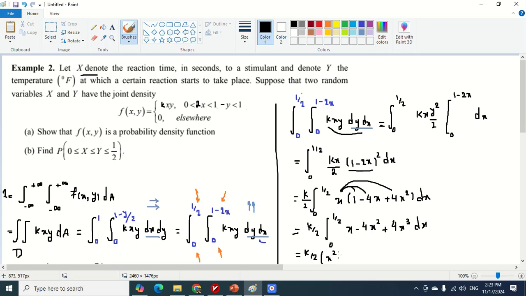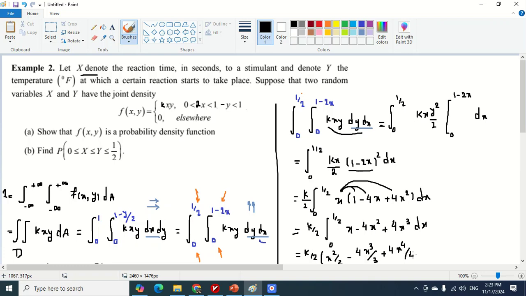I just add 1 to the exponent and divide it by 2, so x squared over 2 minus 4x cubed over 3. I just add 1 to the exponent again, and for the last one we have 4x to the power of 4 over 4, and that 4 will be cancelled as well.